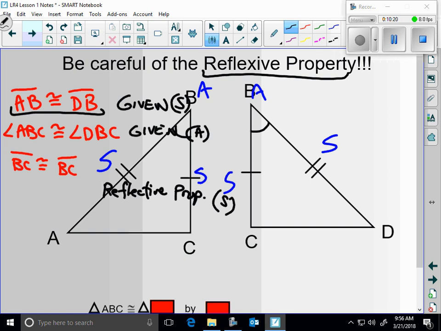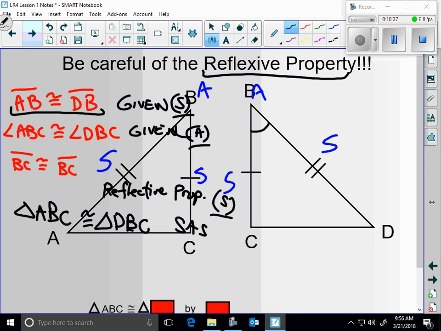So I've shown that I have side, angle, side congruence. So we could say triangle ABC is congruent to triangle DBC by side, angle, side. That's a two-column proof. Done.